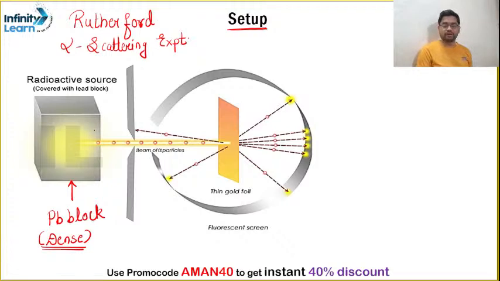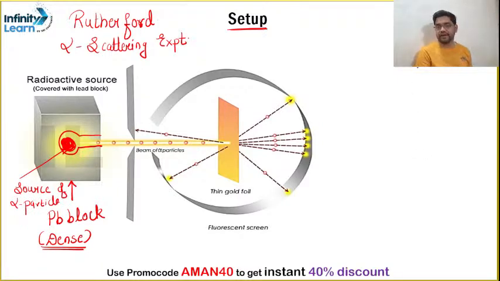Second, in this lead block there was a cavity, something like this. The cavity was placed, and inside that cavity they kept a radioactive material that emits alpha particles. So that is the source of alpha particles.